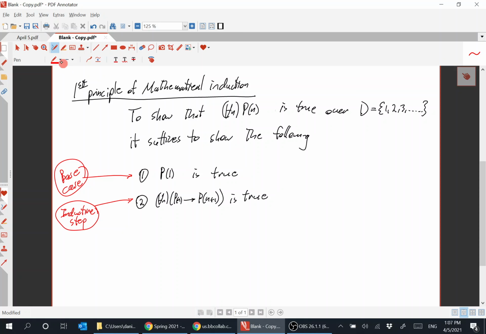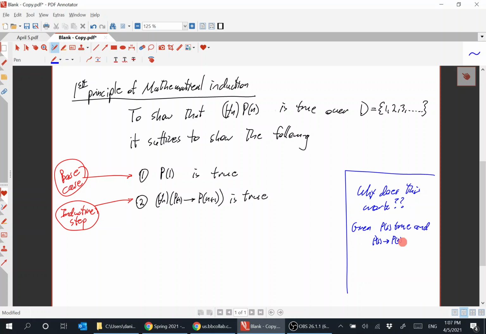Why does this work? Well, given P1 true and P1 implies P2 true, we get that P2 is true via direct proof.